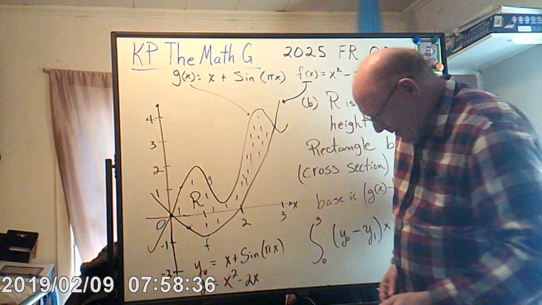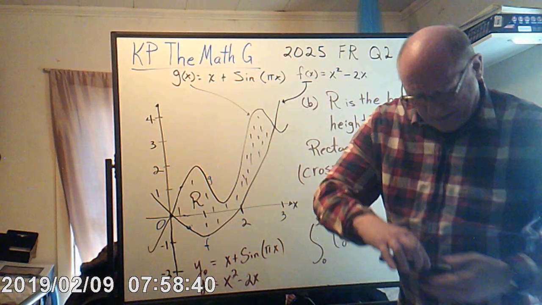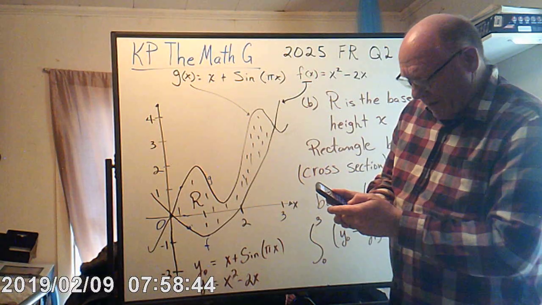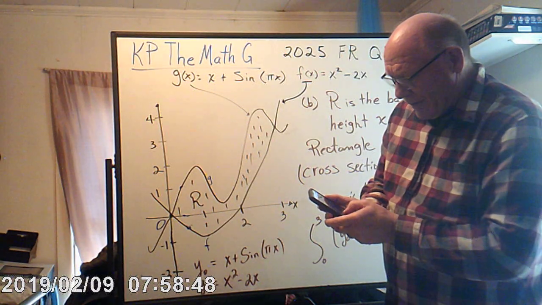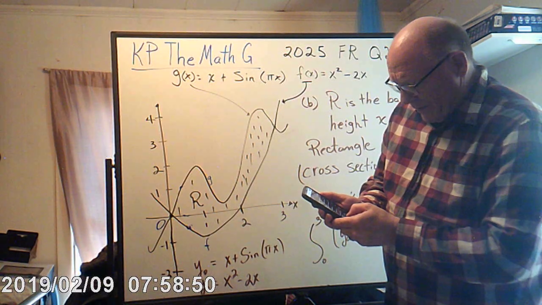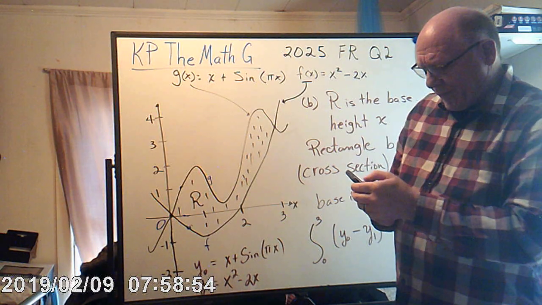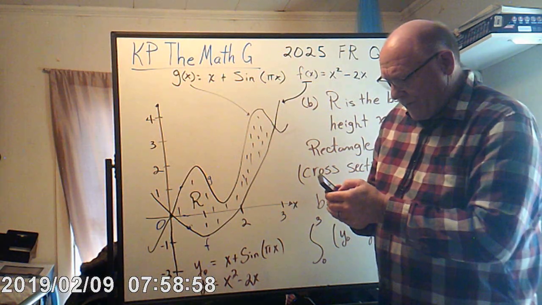And again, let's see. I covered up my calculator. Alright, so let's do it again. I need to go back to math and back to the definite integral. Now, let's see here. I still need to go from 0 to 3.